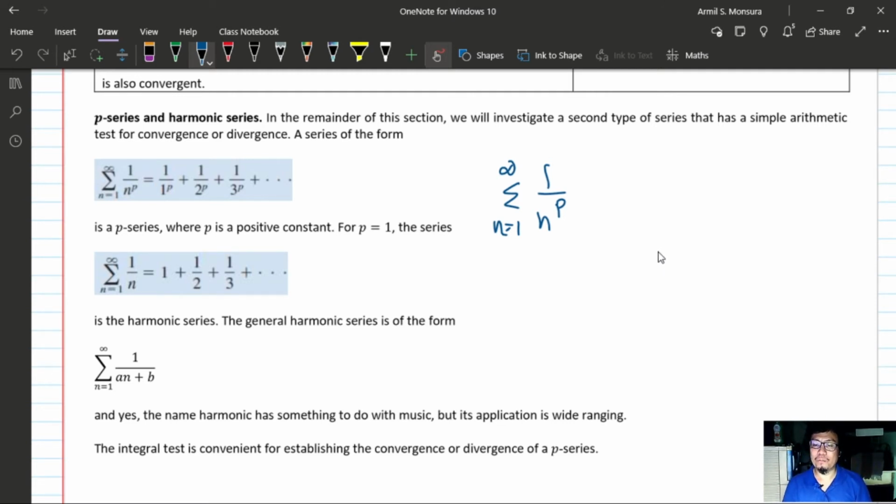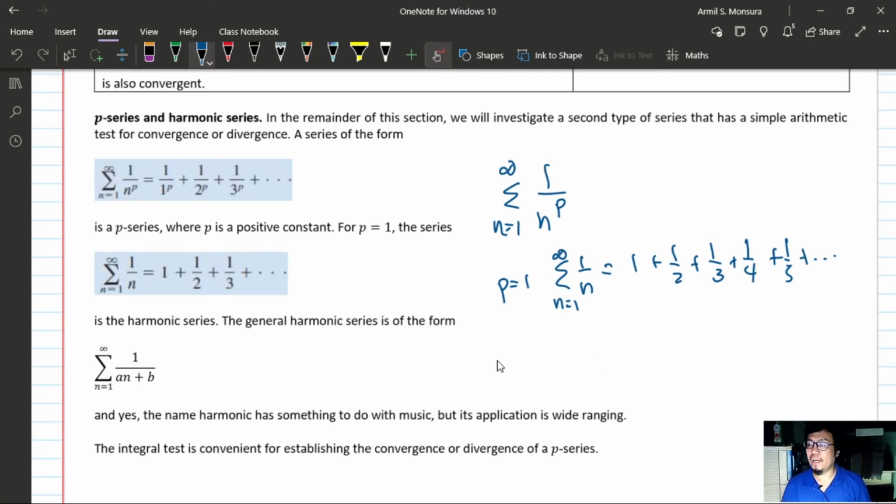For example, for p equals 1, your series becomes 1 plus 1 half plus 1 third plus 1 fourth plus 1 fifth and so on.